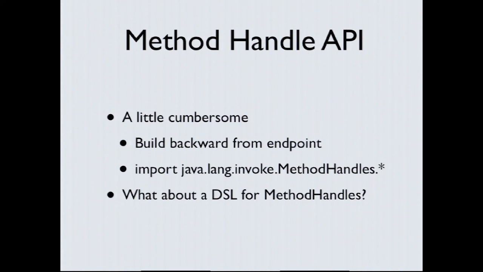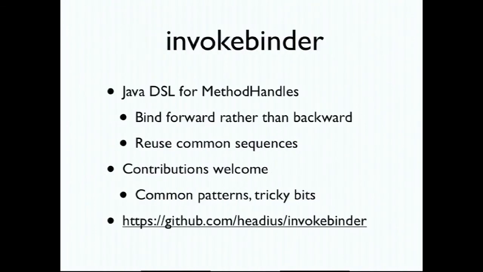So I thought maybe if we had a DSL that lets us build these down, it would be a little easier for me to internalize. And that is the invokebinder library. It is a Java DSL, a very simple little API for building up method handles, but you build them forward. You build them down from the top, from the call site to a target, rather than the other direction, which fit my understanding a little bit better.